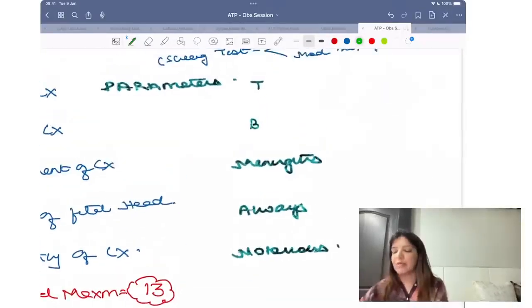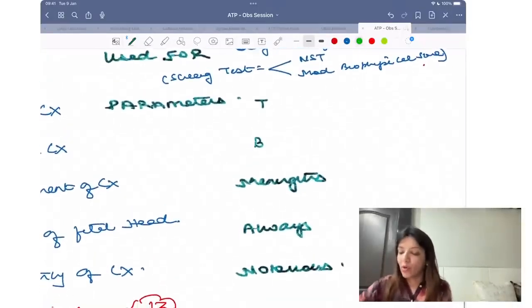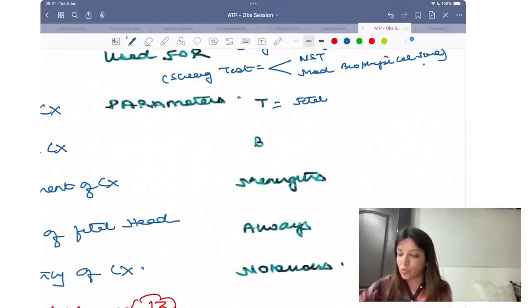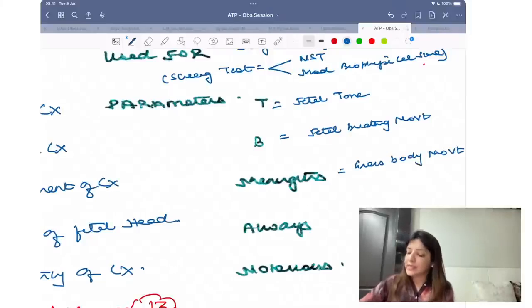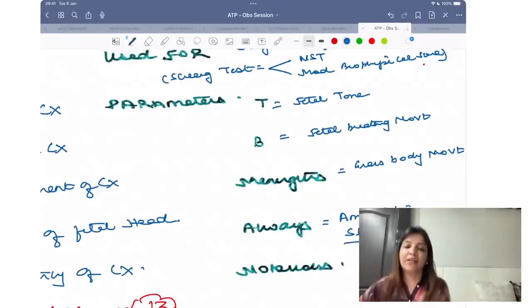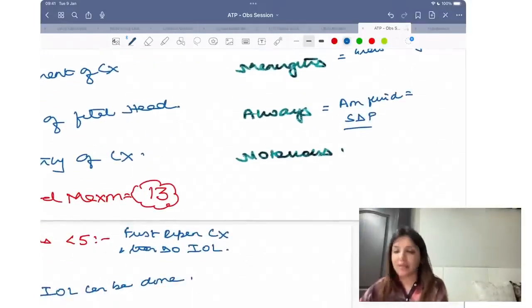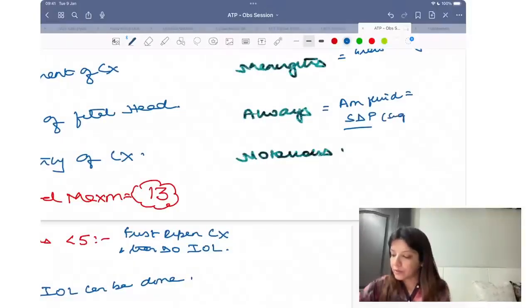What are the parameters? TB meningitis, always notorious, where T stands for fetal tone, B stands for fetal breathing movement, M stands for gross body movement, A stands for amniotic fluid, and for amniotic fluid you are going to check the single deepest pocket, right?